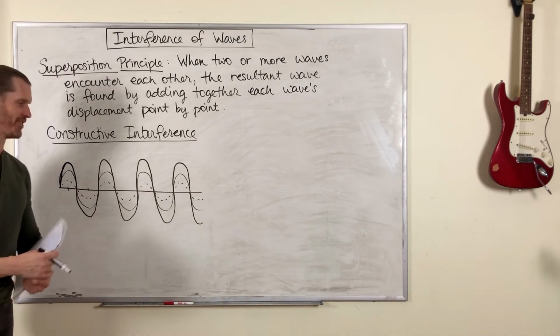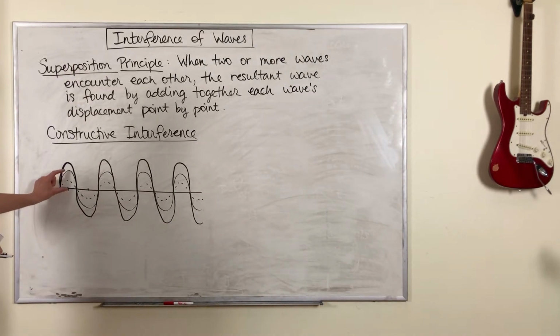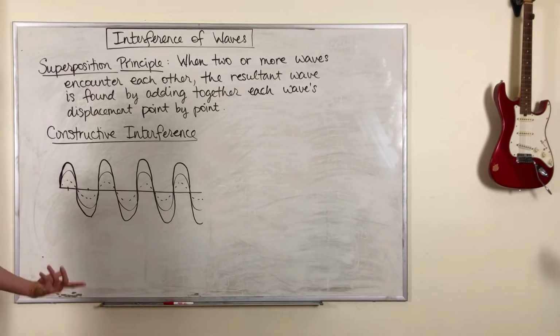The point is that these two original waves added together to give you a resultant wave that's the sum of them. So it has a bigger amplitude.